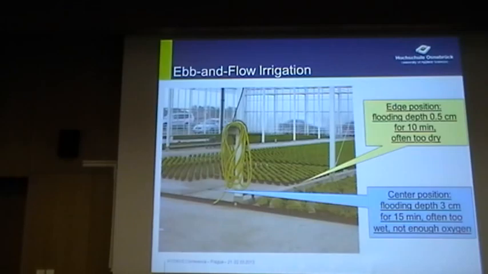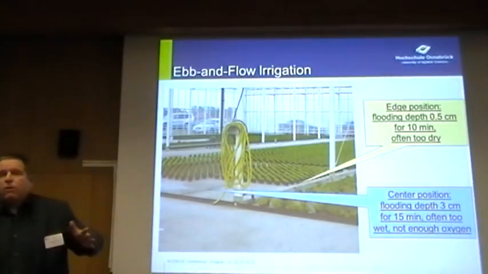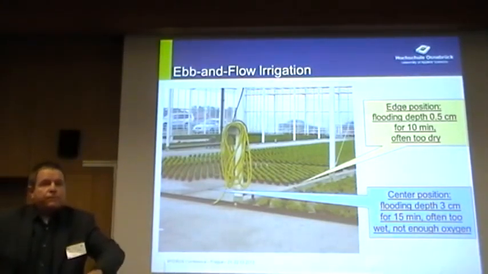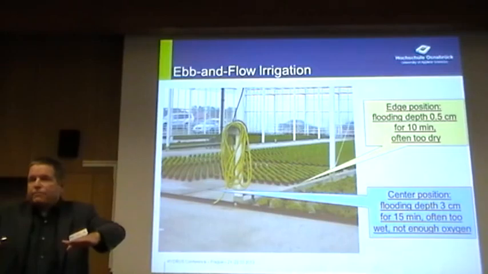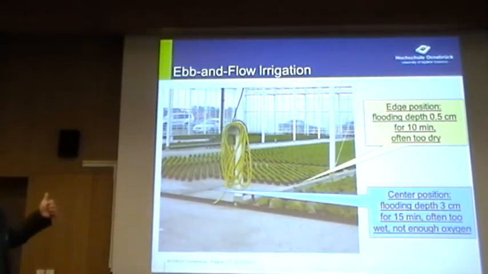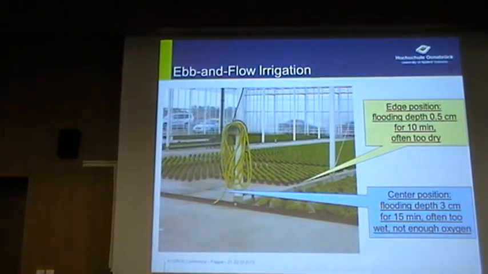Now, just one example, ebb-and-flow irrigation. This is a very common irrigation system in horticultural systems. That means you flood the area for something like 5 to 10 minutes, and then you drain it again. This could be used on tables, and it could also be used on concrete floors, like in this example. If you talk to the farmers who use it, they say we often have problems at the edges where it's too dry.